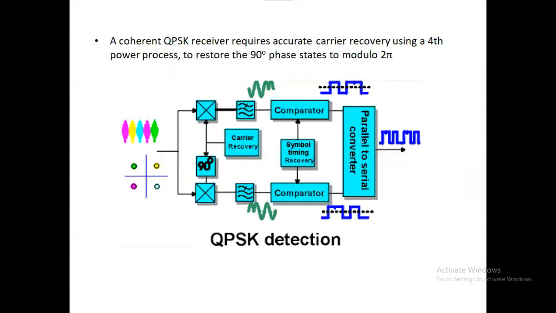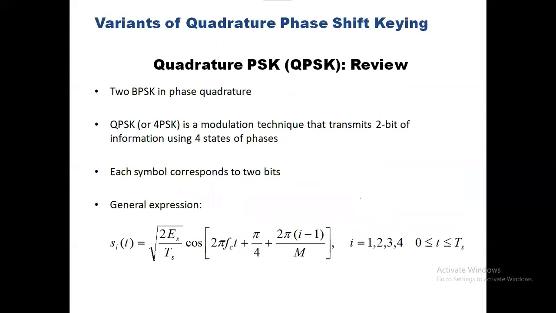After the signal is received, we need to perform parallel to serial conversion based on I and Q phase modulation. So in short, this is the review of what we have learned so far.